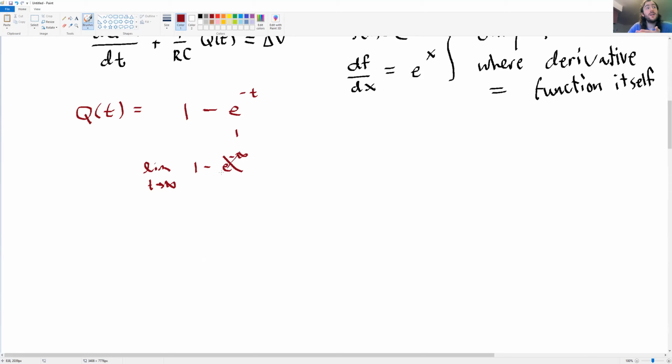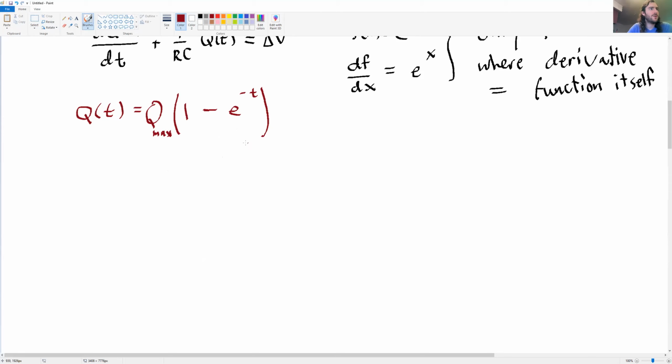So the limit as t goes to infinity, we get the answer 1. Okay, well, that's not exactly what we're looking for. We're looking for the maximum charge on this thing, right? So let's multiply this thing by the maximum charge.